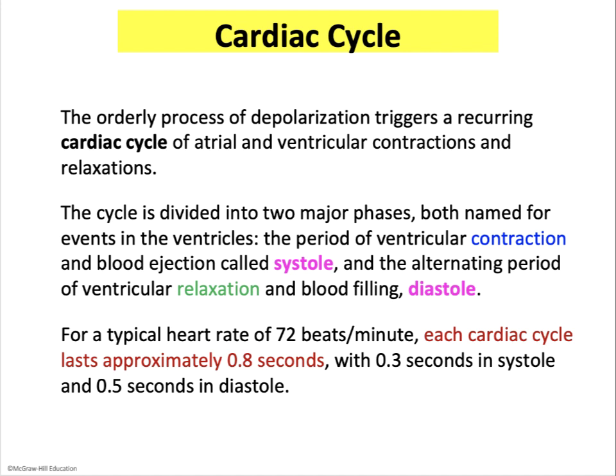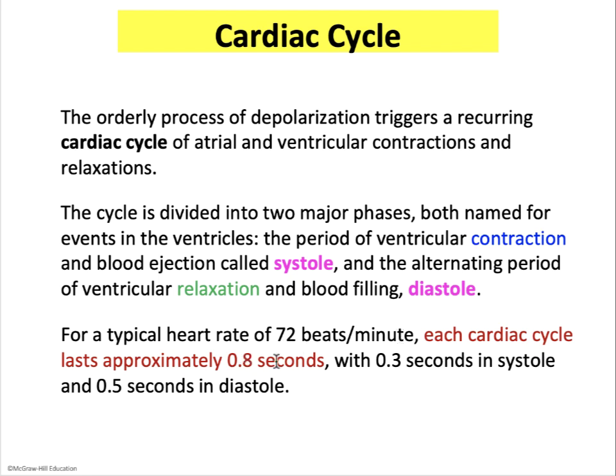Let's begin this analysis by assuming that our heart is beating at 72 beats per minute. That would mean, on a typical heart, that the cardiac cycle will last 0.8 seconds in order to squeeze 72 beats into a 60-second minute.